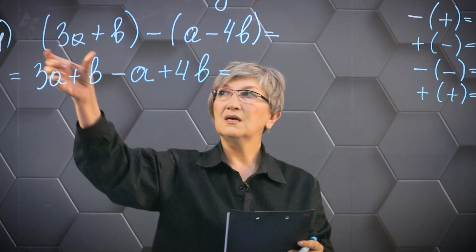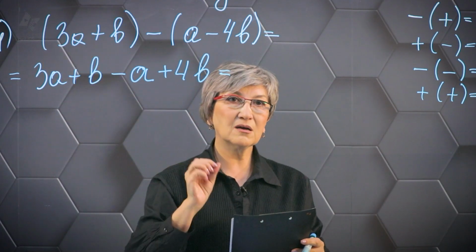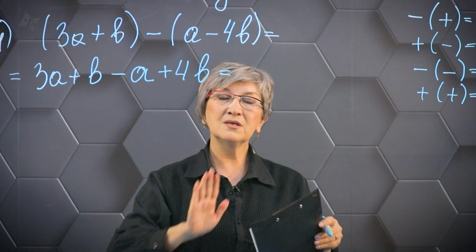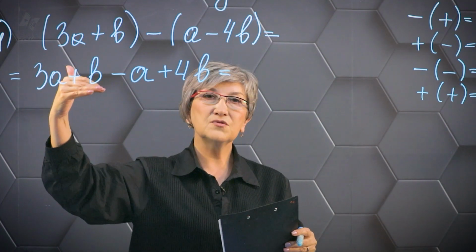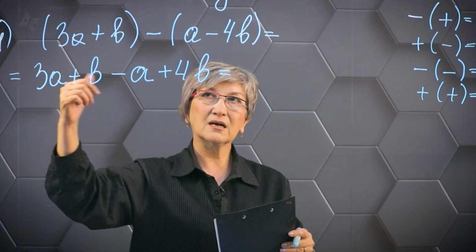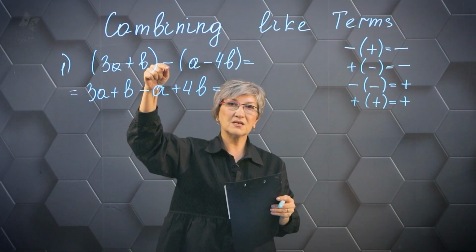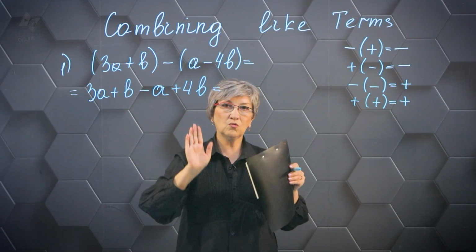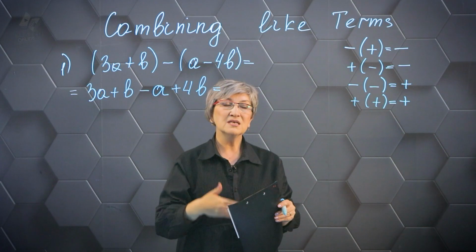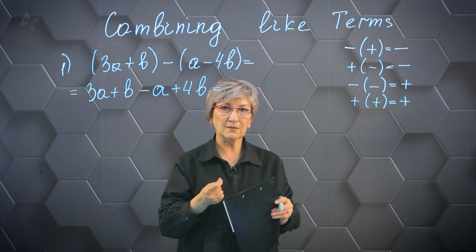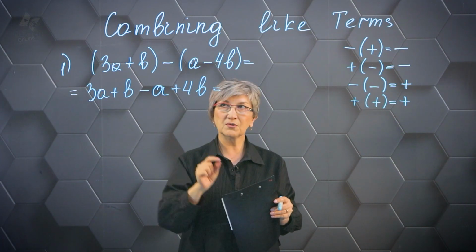So if there's a plus sign in front of a parenthesis, we don't have to write the parenthesis. We can rewrite the whole thing with the same signs. If there is a minus sign in front of the parenthesis, we remove the parenthesis and rewrite all the terms with the opposite sign.